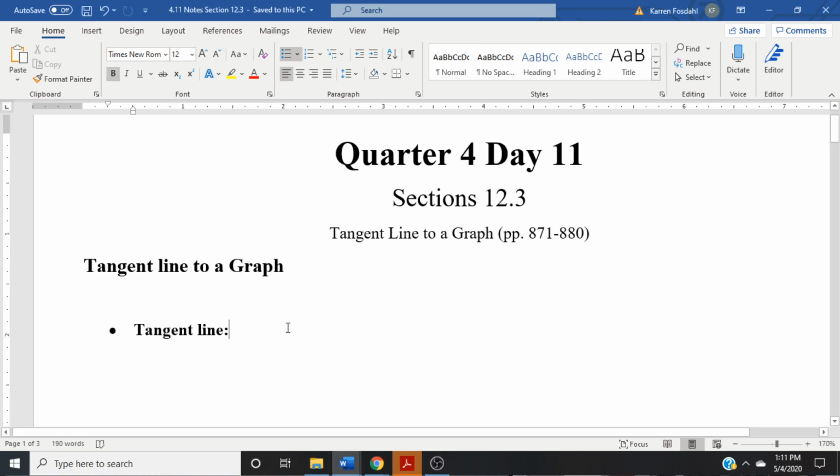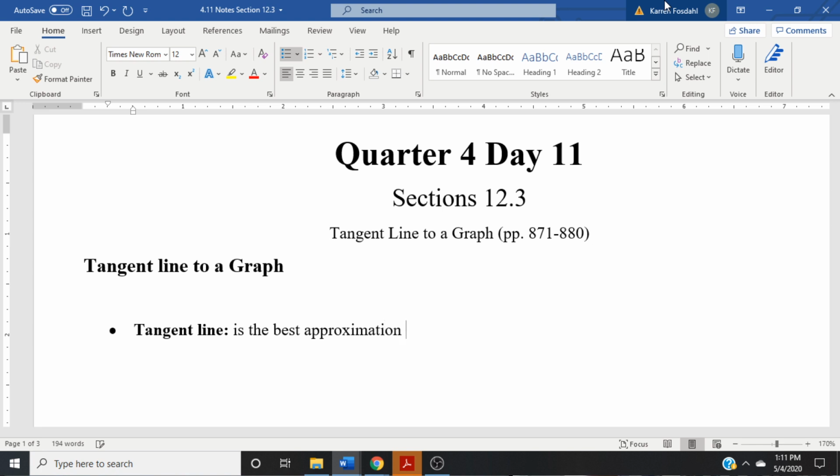Okay, we're gonna talk about the tangent line, and essentially a tangent line is our slope. So the tangent line of a function at a point is the best approximation of the slope of the function at that point.